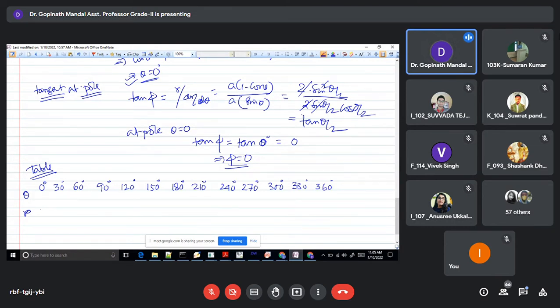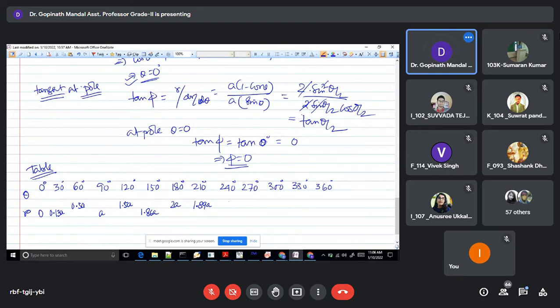For r, at theta 0 degree, r will be equal to 0. At 30, the value will be 0.13a. At 60, 0.5a. At 90, a. At 120, 1.5a. At 150, 1.86a. At 180 degree, 2a. At 210, it will be 1.86a.